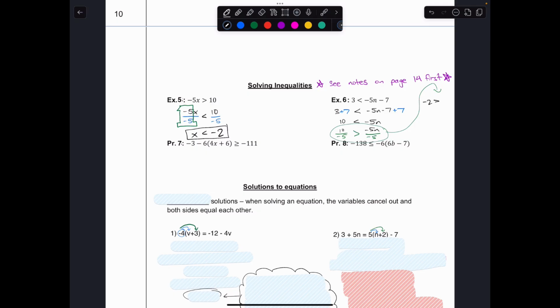That's greater than, remember this is a big fat 1. 1 times n is just n. So negative 2 is greater than n. If you like the variable on the left, you can switch it. You can say n is less than negative 2. Either one of these works. You don't have to put both.